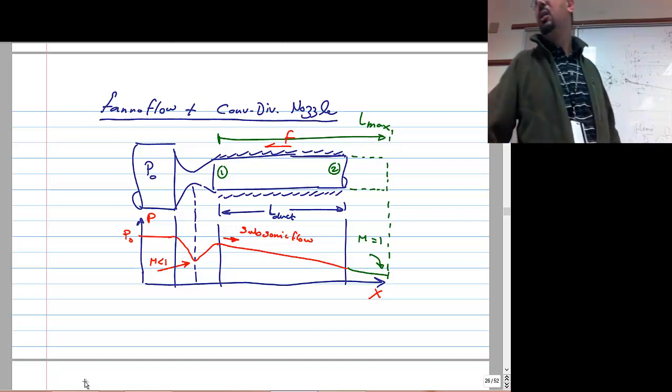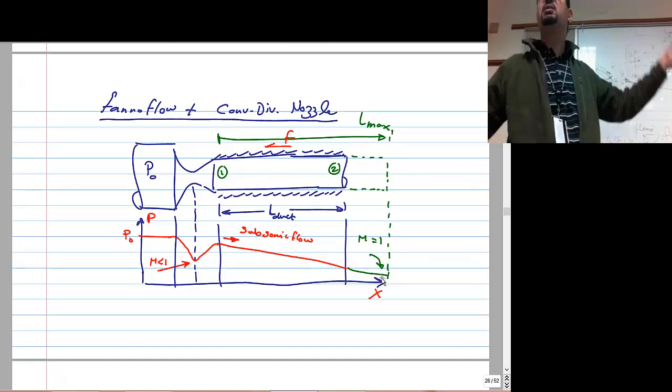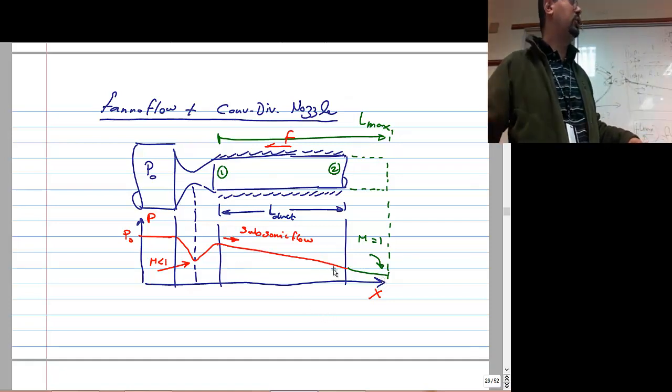Chances are, if the duct is really long and there is a huge pressure drop through this duct, we will hit Mach 1 here before the nozzle even has a chance to go to M1 at the throat.